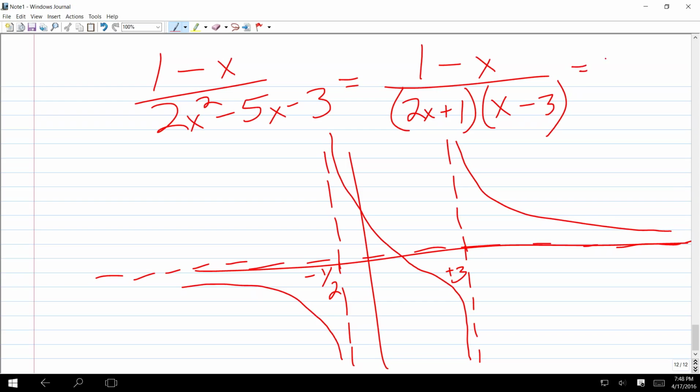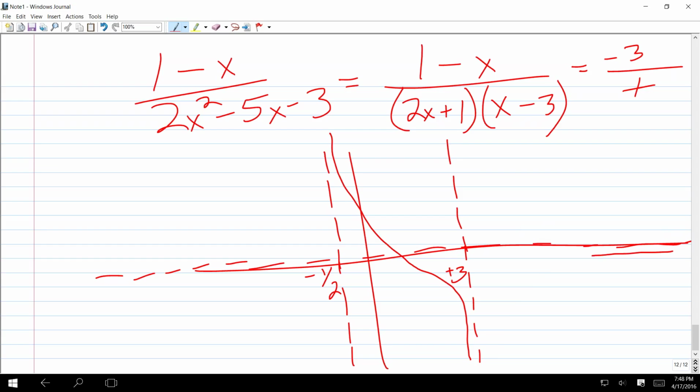I get negative 3 in the top and I get positive in the bottom. So I've got to be below the x-axis when x is greater than 3. So I have definitely drawn it incorrectly. Okay, I need to draw it in this quadrant here.